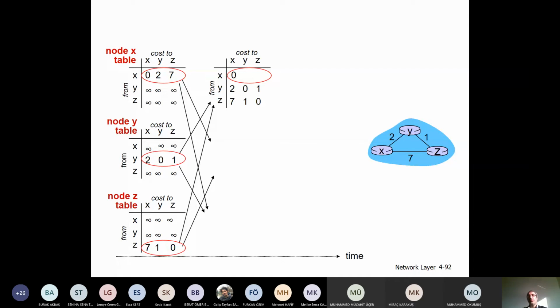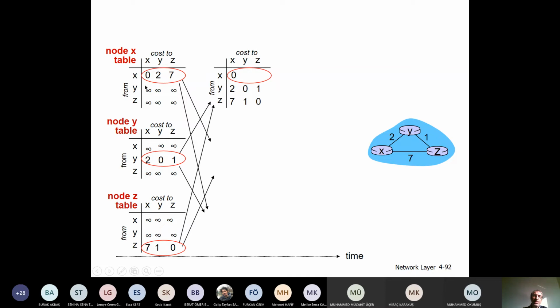So let's give an example to understand how this distance vector algorithm works. A very simple network consists of three nodes, routers X, Y, Z, and their link costs are 2, 1, 7, as you see. In the initial case, this is the node X table, this is node Y's table, this is node Z's table. How do we read this?